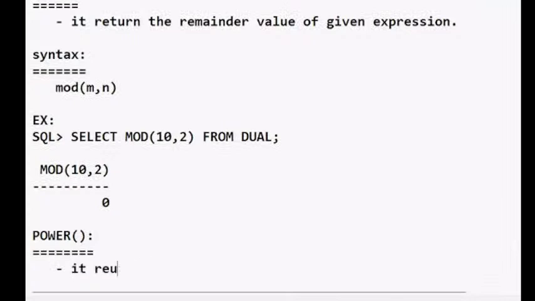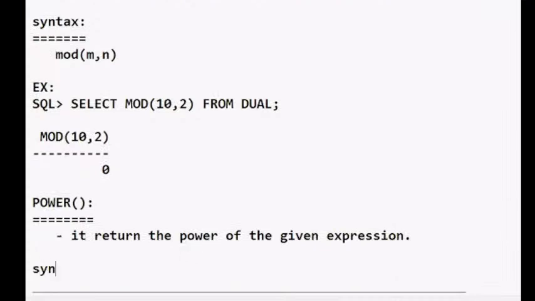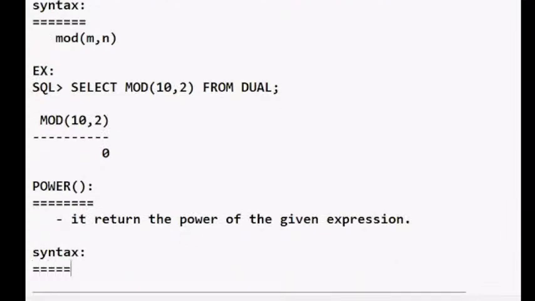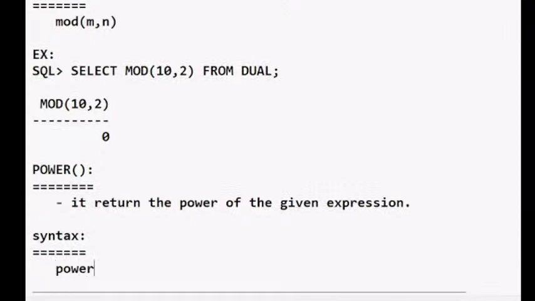It returns the power of the given expression. The syntax of your power function: power of m comma n.